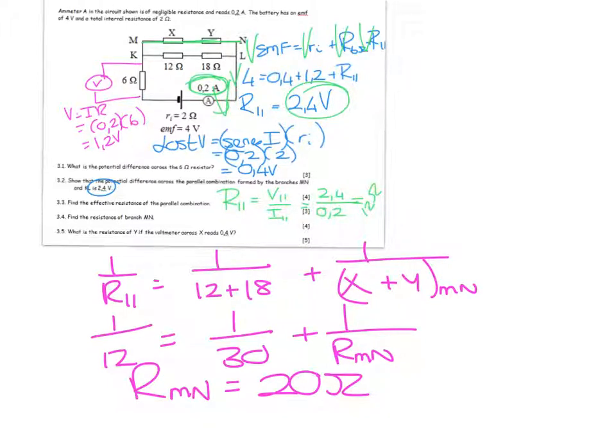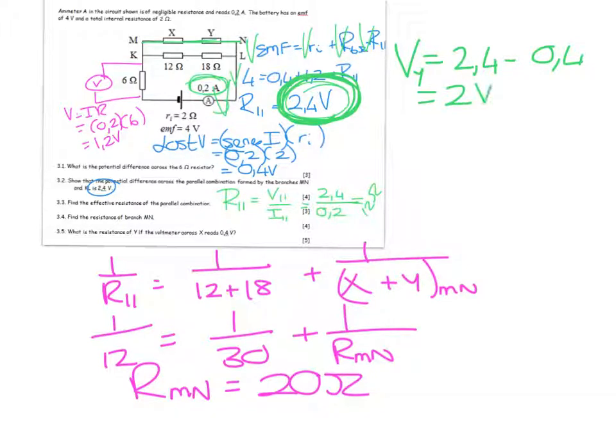And finally, what is the resistance of Y if a voltmeter across X reads 0,4? Well, I know that that means that the potential difference across Y is equal to the whole parallel network, 2,4, minus 0,4. That's equal to 2 volts.